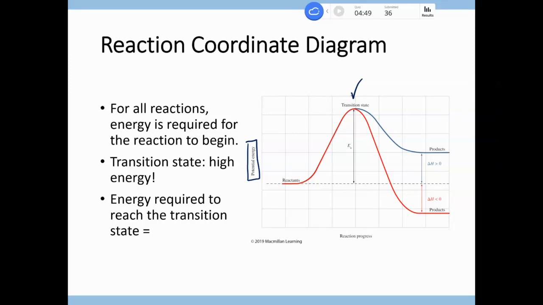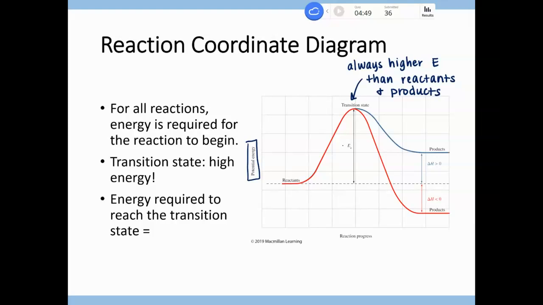So this transition state up here, this is high energy. This is always higher energy than reactants and products. And the amount of energy that's required for the reactants that start at a certain amount of energy, they need to reach the energy of the transition state.